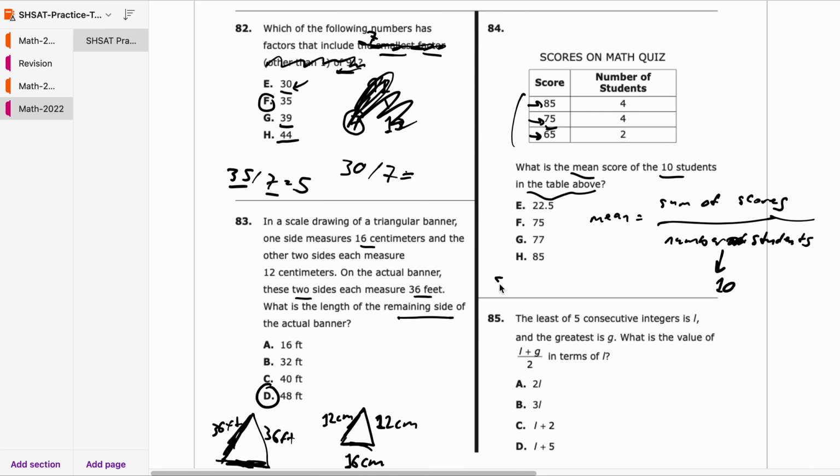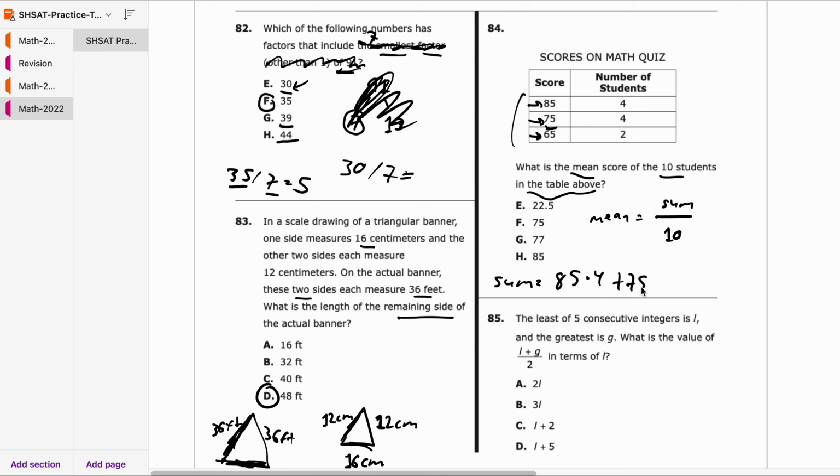So let's look at the sum. Let me erase this now. We know that it's the sum of the scores over 10 students. The sum of the scores is going to be, well, 4 students scored 85, so we have to add 85 to the sum 4 times. And then 4 students scored 75, so we have to add 75 4 times. And then 2 students scored 65, so we have to multiply that by 2.